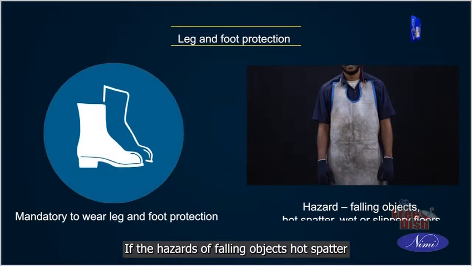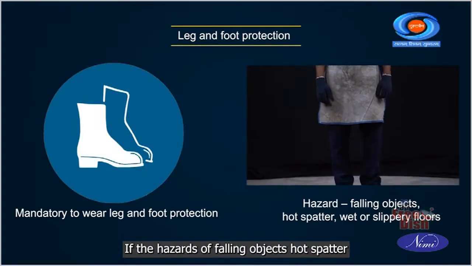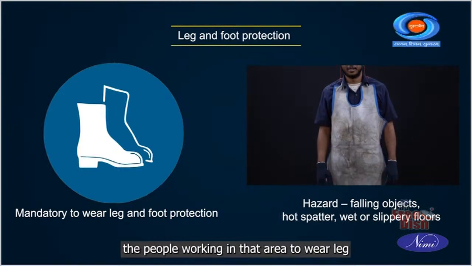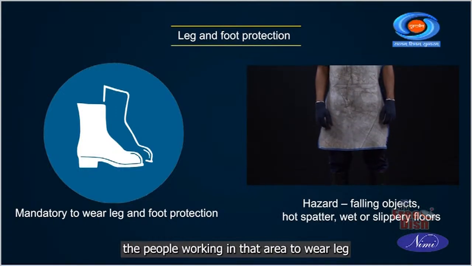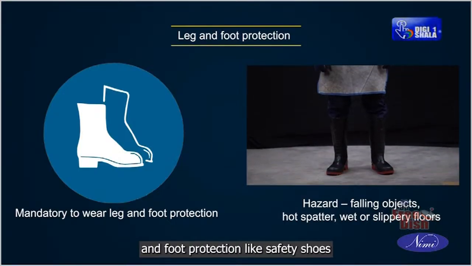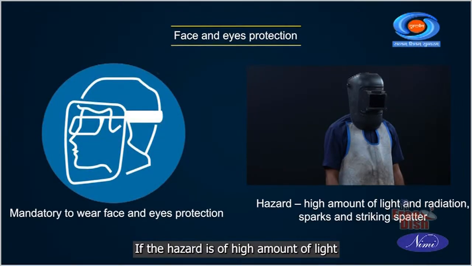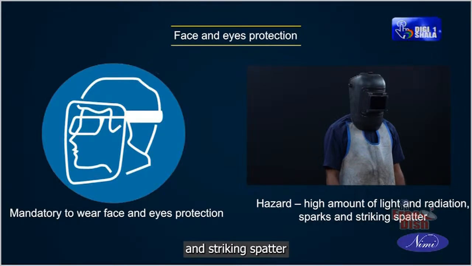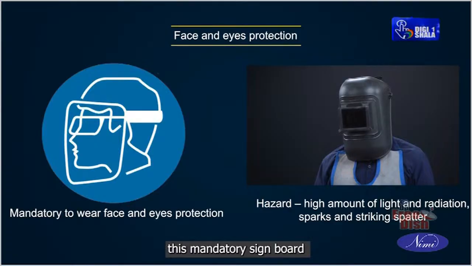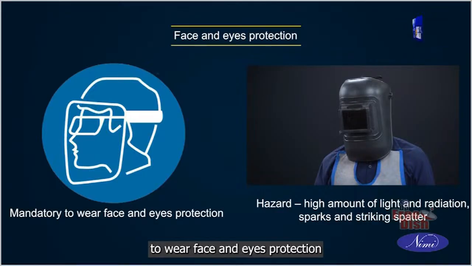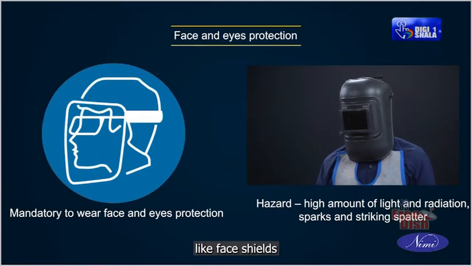If the hazard is of falling objects, hot spatter, wet or slippery floors, this mandatory signboard compels the people working in that area to wear leg and foot protection like safety shoes. If the hazard is of high amount of light and radiation, sparks and striking spatter, this mandatory signboard compels the people working in that area to wear face and eyes protection like face shields.